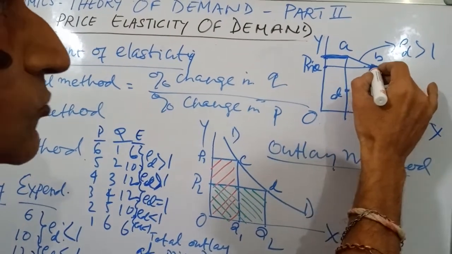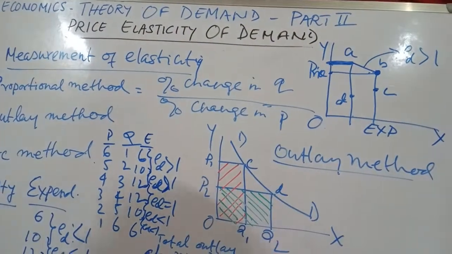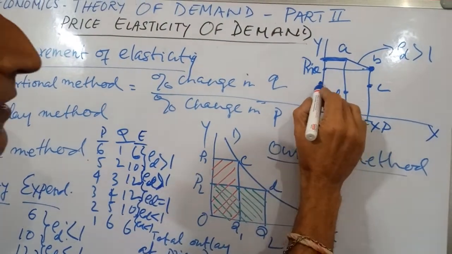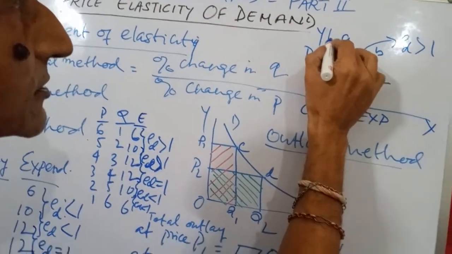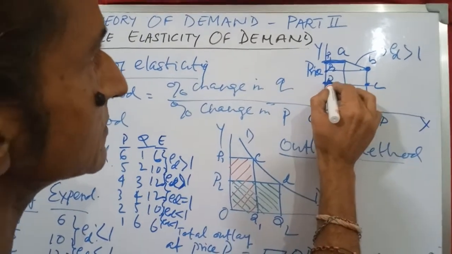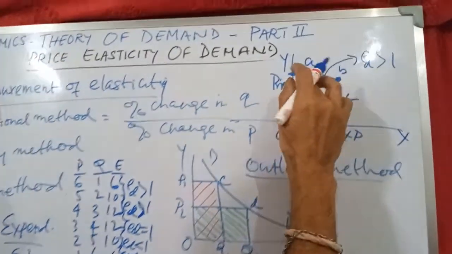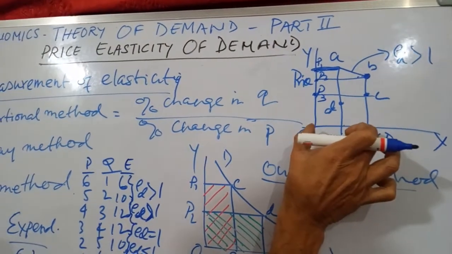Now look at B to C. Price is falling from here to here. Say this is P1, this is P2, and this is P3. So price has fallen from P2 to P3, but expenditure has remained same.